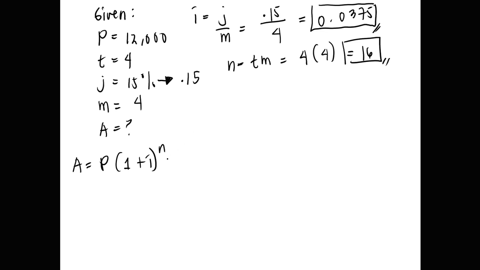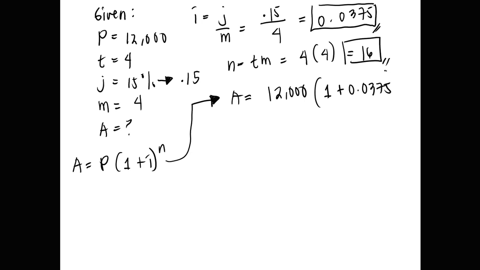So, now, we can be able to solve for the future value. So, substitute, future value is equal to P, which is 12,000 pesos, multiplied by 1 plus our I, which is 0.0375 raised to N, which is 16.